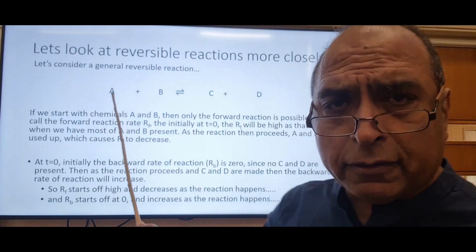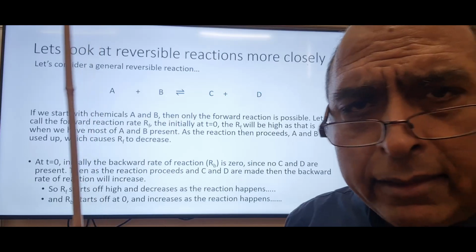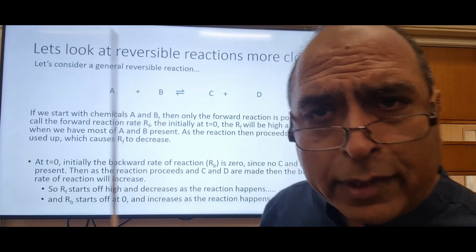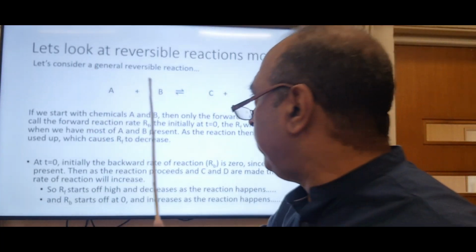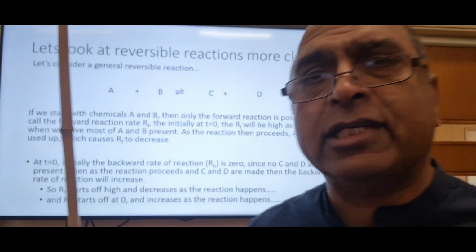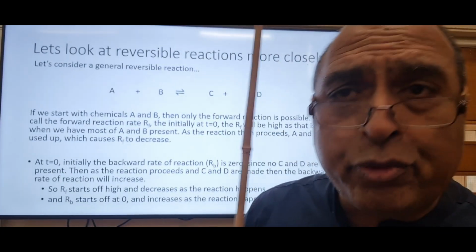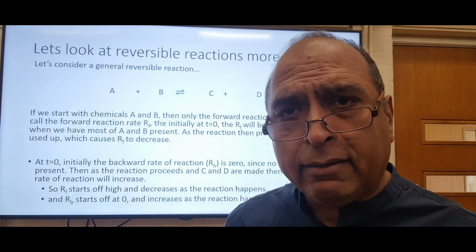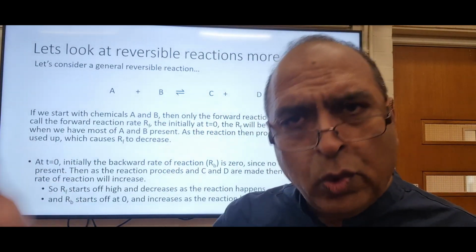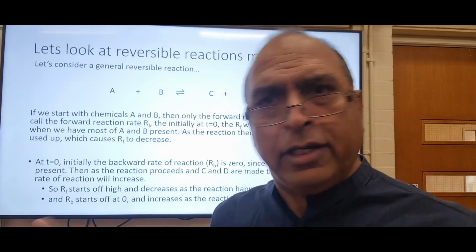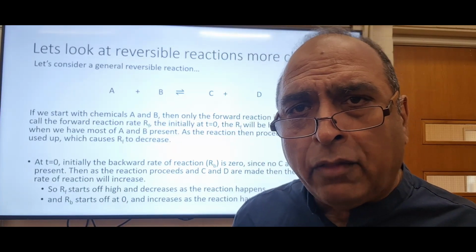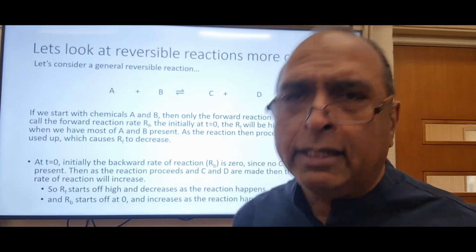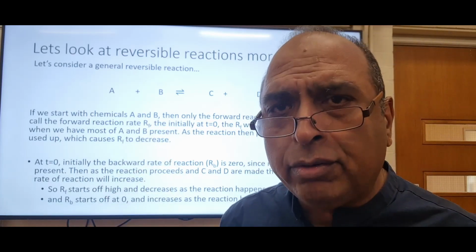So in general terms, look, if chemical A reacts with chemical B, reactants, and they make chemicals C and D, C and D are the products, then when you've got some C and D, the C and D will react together. Those chemicals, the products, will react together and make the reactants for you.